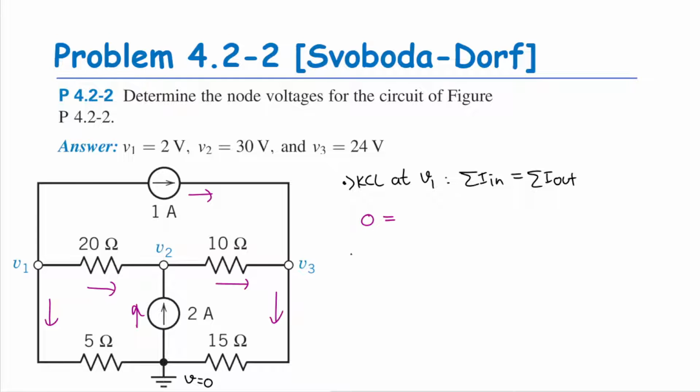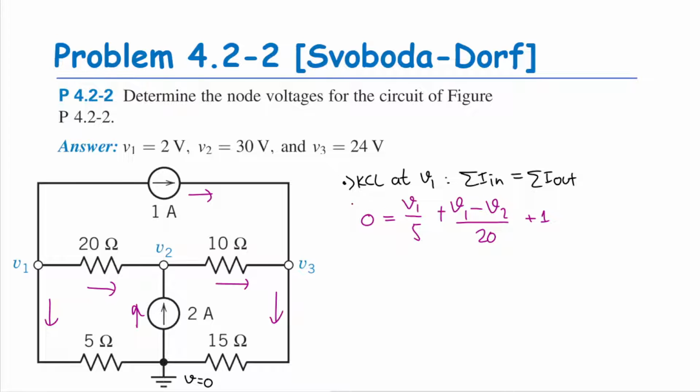And then that will equal V1 minus 0 divided by 5. So we'll have V1 minus 0, still V1, divided by 5. And then this one here will be V1 minus V2 divided by 20. And then this one here is 1 ampere. So we'll have plus 1 here.